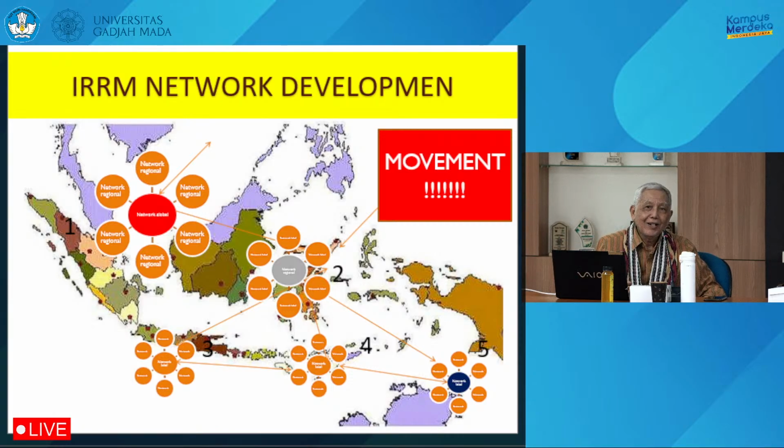So I can ask in Papua, please clean up the waste in the river now. I can support from Gadjah Mada University because we are on the same platform. Volunteerism, all this volunteerism, the same platform.